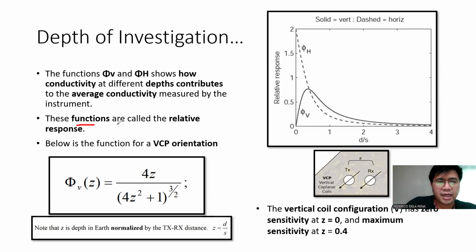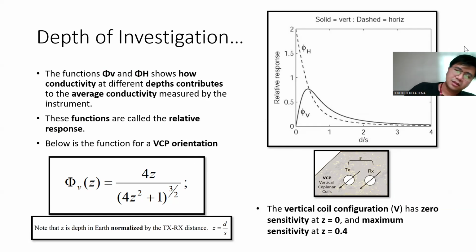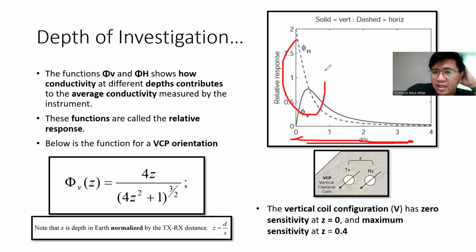These functions are called the relative response functions. If you plot these response functions on a graph, this axis is your depth, and this is the strength of the magnetic field being perceived.